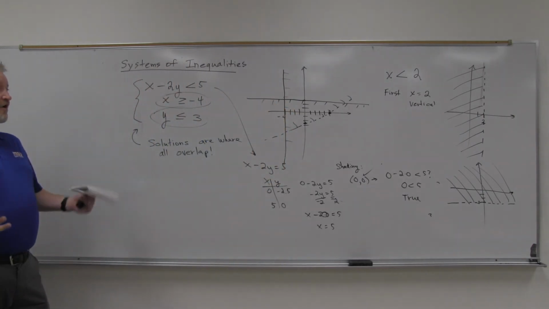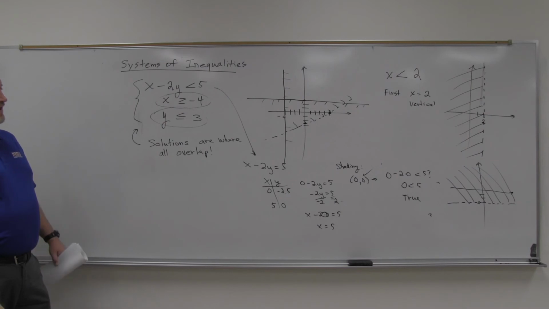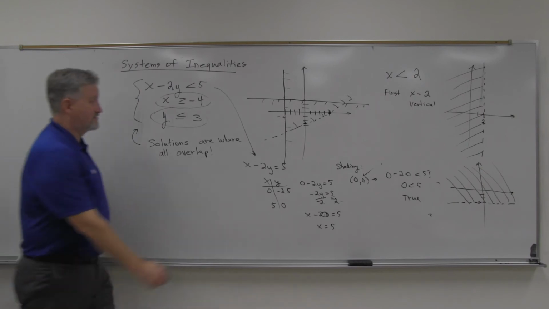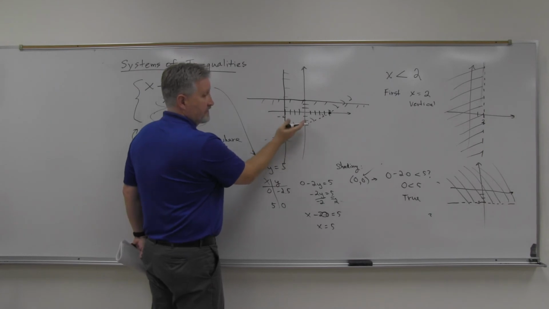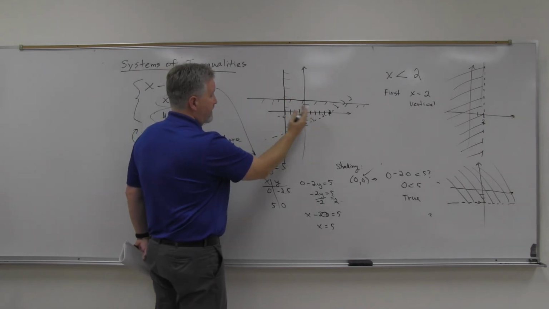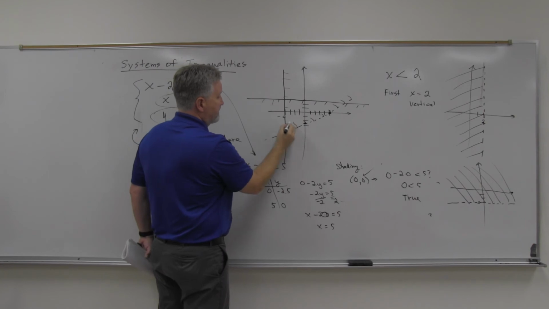So I'm looking for where all these overlap, and sometimes it's probably what you would think. In this case, which piece am I talking about? The triangle. Yeah, it's a triangle inside here because it's above this line, below the horizontal, to the right here. So it's everything inside here.